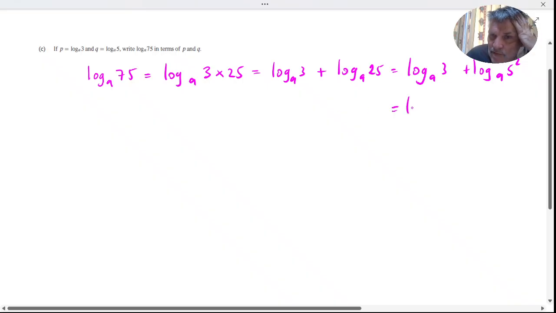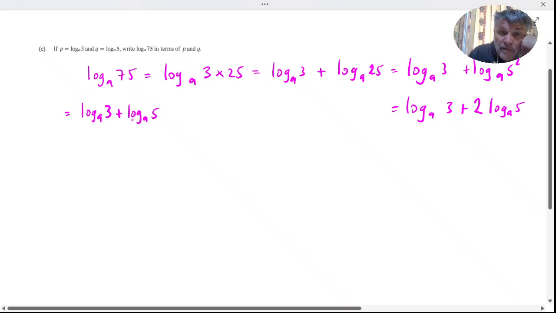I didn't quite have enough room to write it all out on one line. We can take the power outside the logarithm, 2 times the logarithm base A of 5. You might not need to do all that working. In fact, I can see straight away this is 3 times 25, so I could probably write down straight away log A of 3 plus log A of 25 is 5 squared.